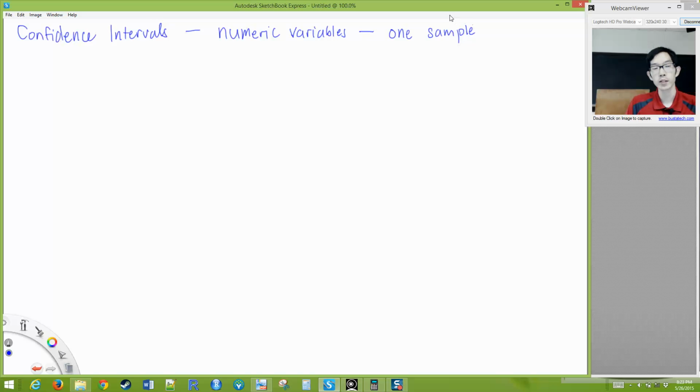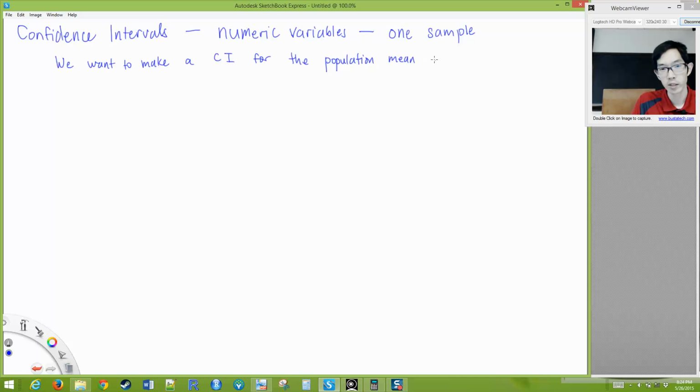So this is what we do when we have confidence intervals, numeric variables, one sample. We want to make a confidence interval for the population mean mu based on our sample.